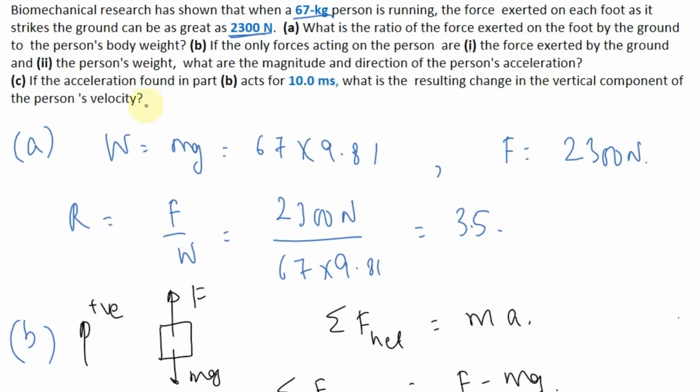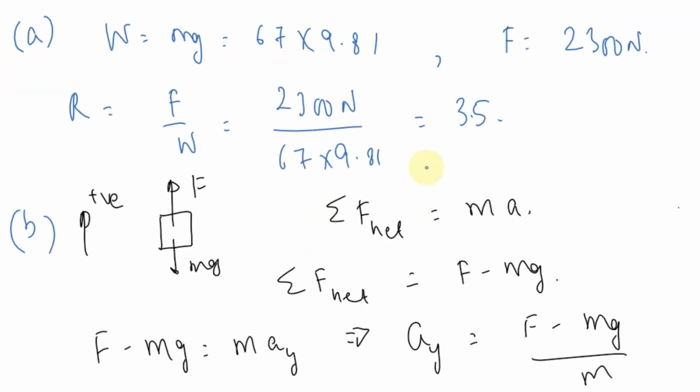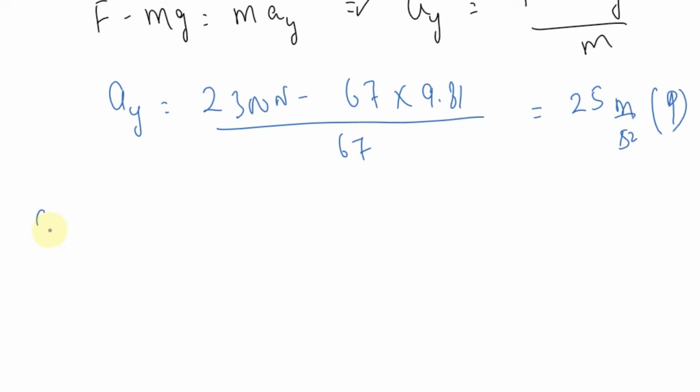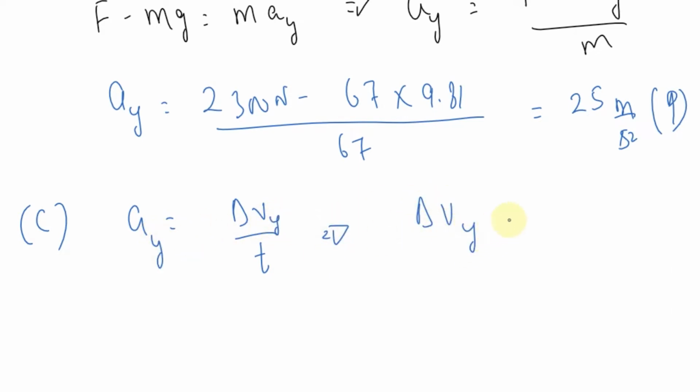Now next in the C part we have to find, if the acceleration found in part B acts for 10 milliseconds, what would be the resulting change in the vertical component of the person's velocity? It's pretty simple. Acceleration, we know, is change in velocity over time. So change in velocity along the y direction equals ay times t.